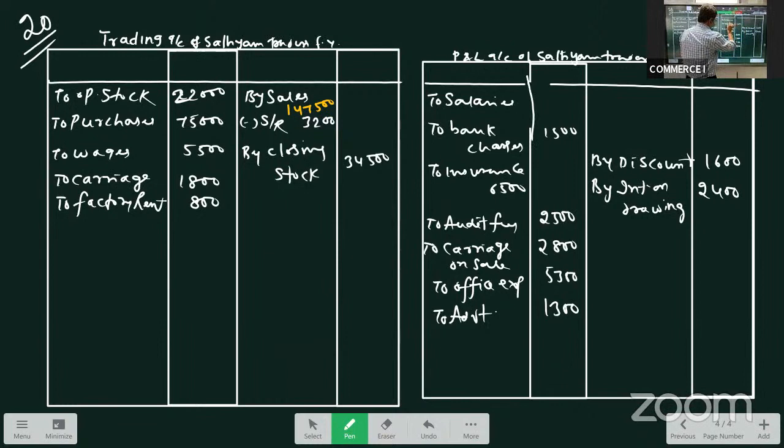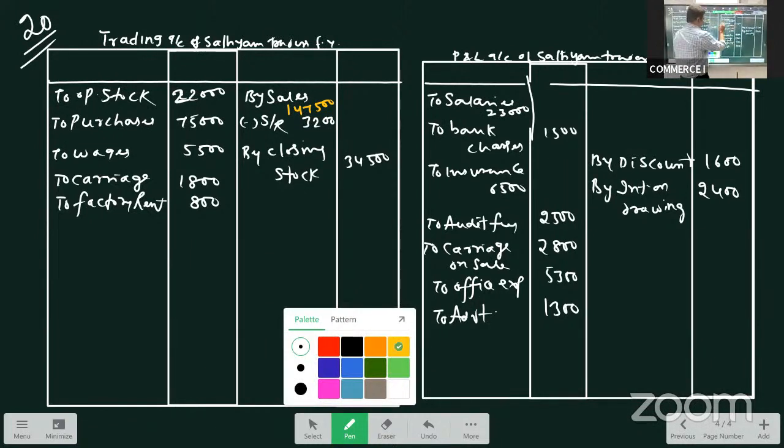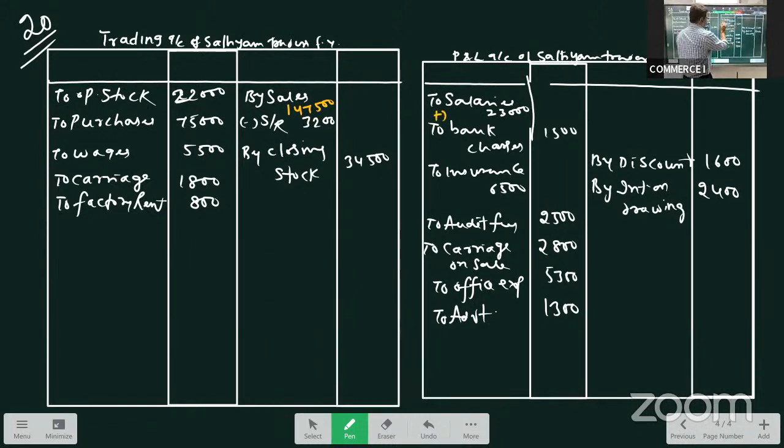The amount given was 23,000, and we have outstanding salary. I'm adding outstanding salaries. Outstanding salaries are how much? 5,500. So total salaries amount would be 28,500.